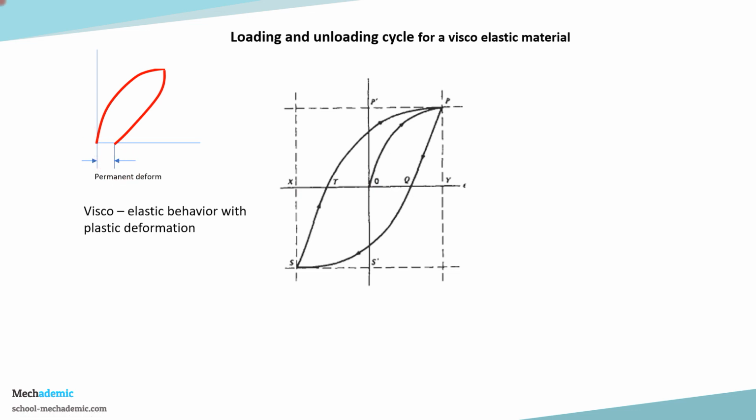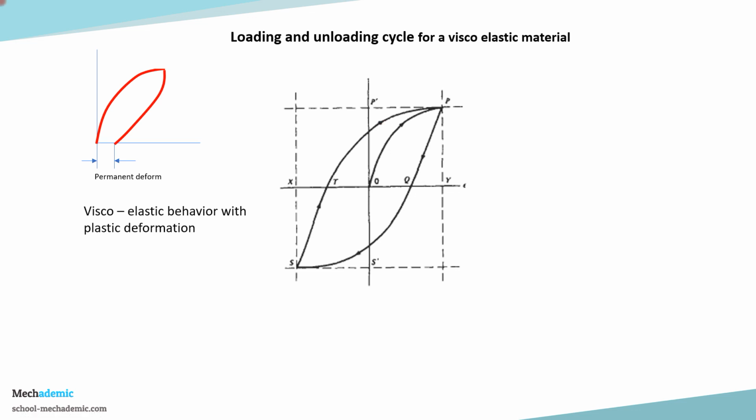So when this loading cycle keeps repeating, we will find that this curve is being created again and again for each and every cycle. And this loop which is created, which is connecting S and P, will form the hysteresis loop, and the area under this loop will basically give us the energy lost. So the area in this loop will give us the energy lost in the material due to the loading and unloading cycles.